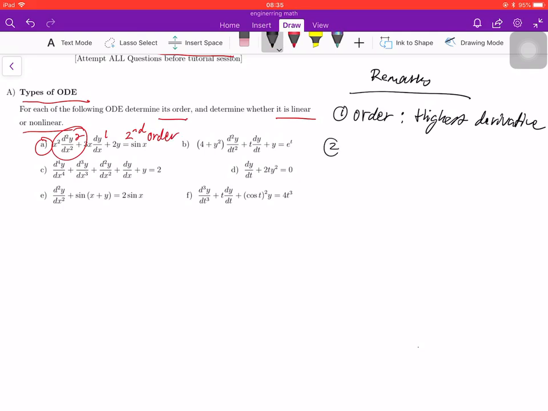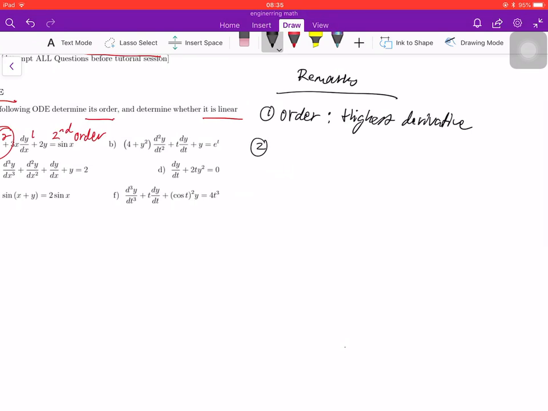Now, to determine whether the differential equation is linear or non-linear, every term in the differential equation must fulfill certain conditions. Assume that we have a general form of the differential equation: a y double prime plus b y prime plus c y equal to a function of x.